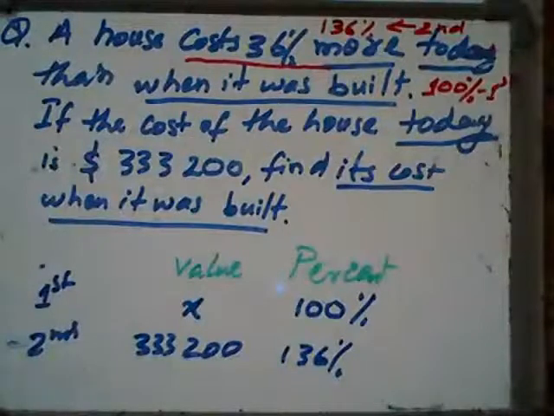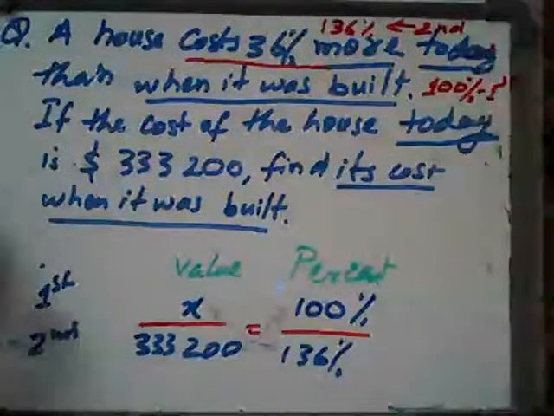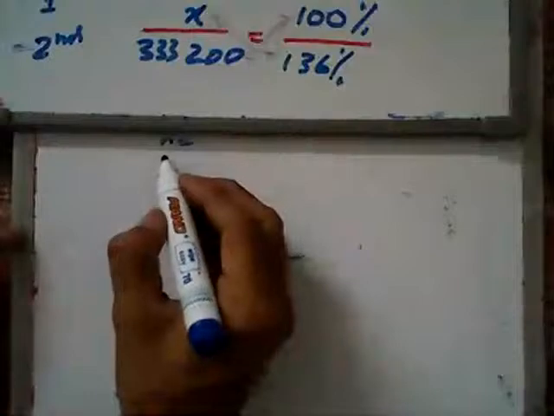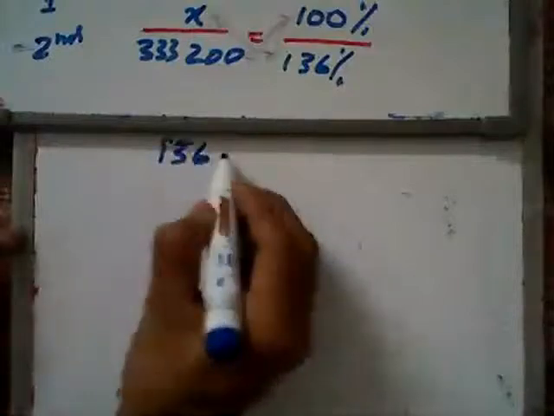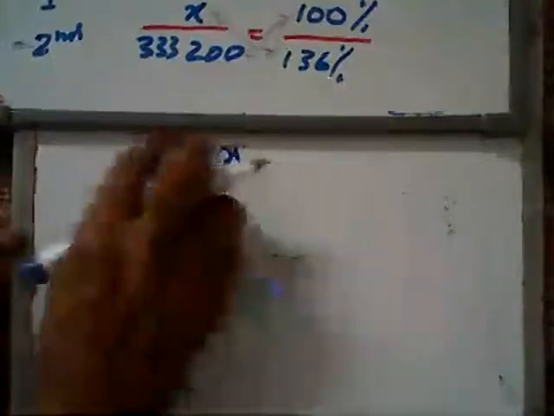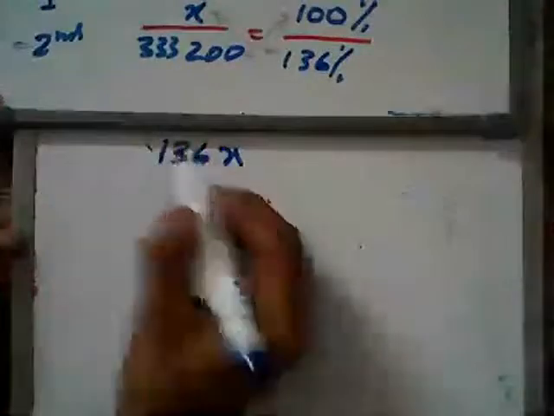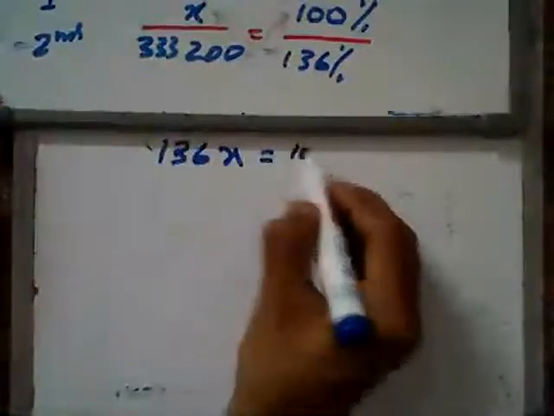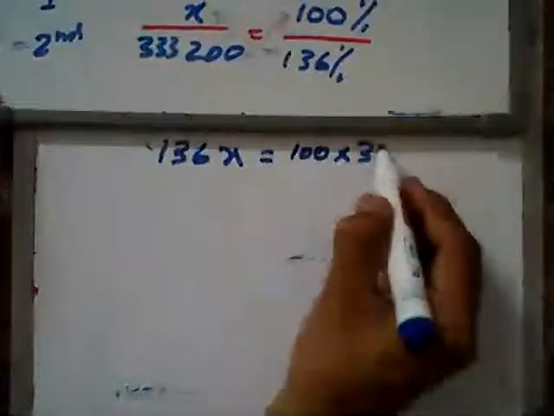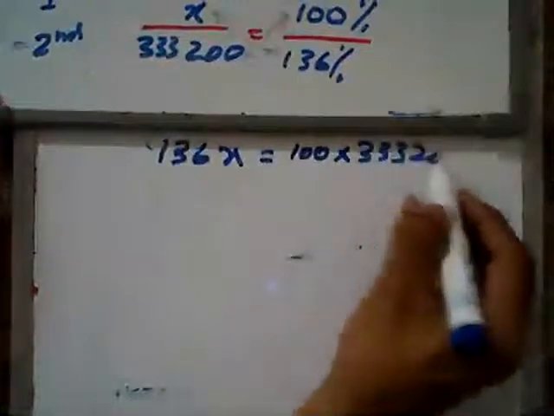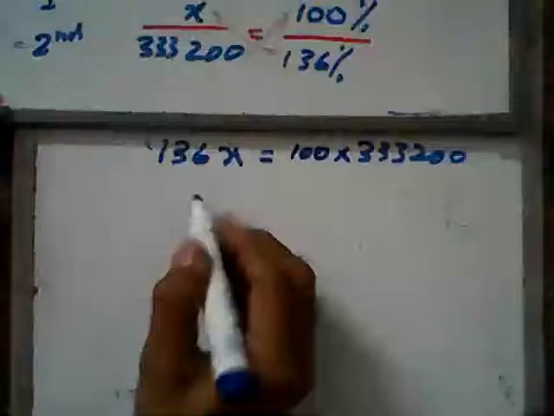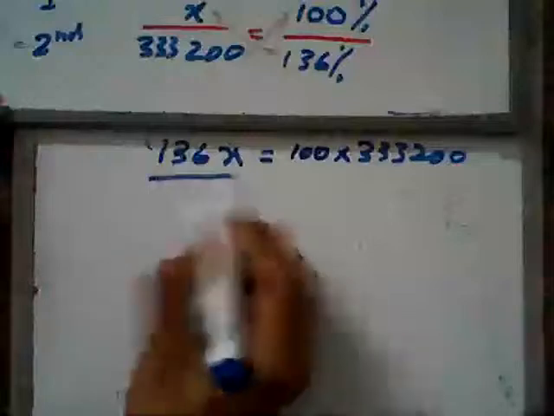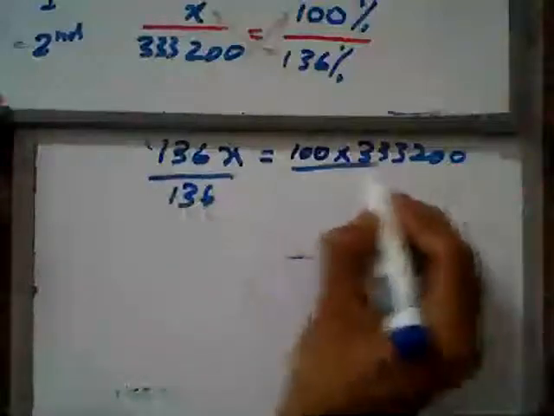So now we'll be comparing. 136x is equal to 100 multiplied by 333,200. So now dividing this by 136, dividing this by 136.